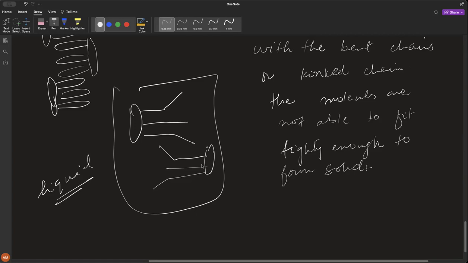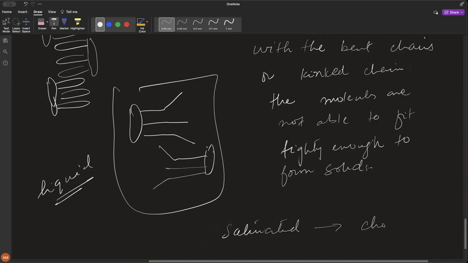Okay. And we say that unsaturated fats are better because they are liquid at room temperature. They are better as compared to the solid fats, which sometimes also lead to cholesterol. So you can say that saturated fats are not really good for health. Why?